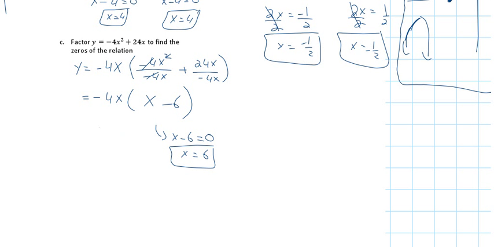And I can't tell you how many times students miss this. So that x that's outside the bracket by itself equals 0. And the bracket, you equal to 0 and you get x equals 6. So you have 2 zeros. 1 at 0, 1 at 6. Make sure you know that.